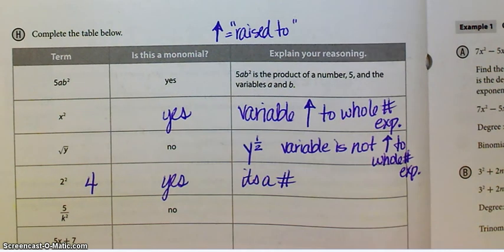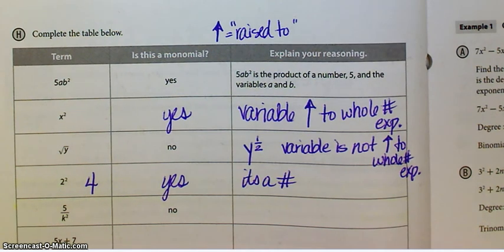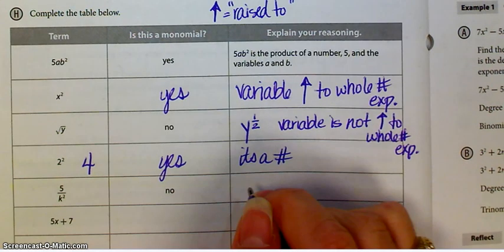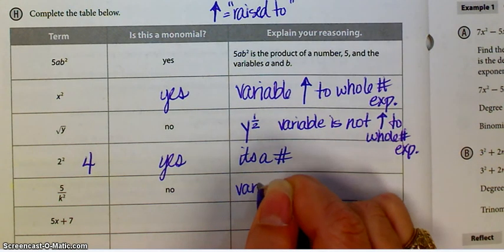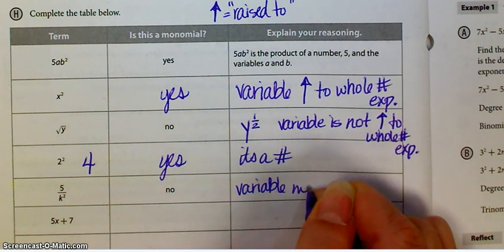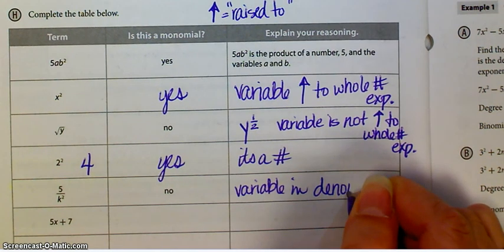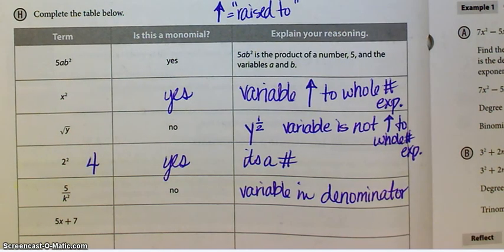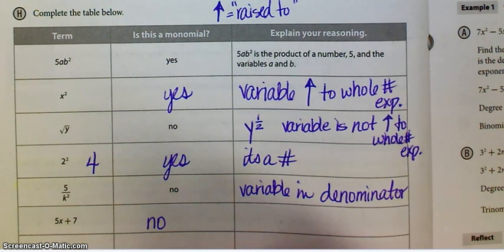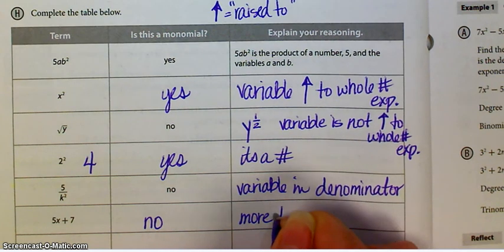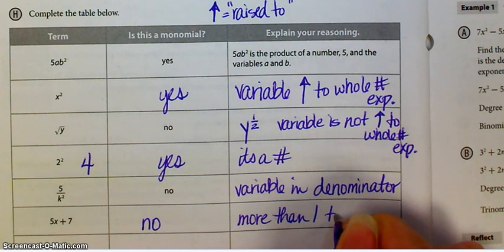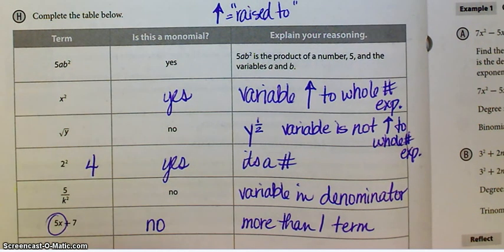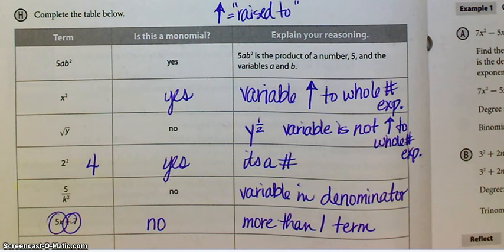It's a number. 5 over k squared. That's another one from the previous page. We said no, it's not a monomial because it has a variable in the denominator. 5x plus 7. Is it a monomial? No. More than one term. What are the terms? You have a positive 5x, and you have a positive 7. You have 2 terms.